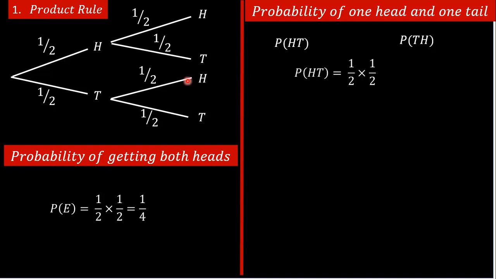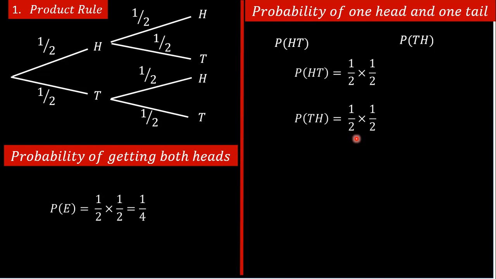Now we have to find the probability of getting a head and a tail, which is this branch of the tree, 1/2 probability of getting a head, 1/2 probability of getting a tail. So you have to multiply them along the branch. Now there is the second branch, which is getting a tail on the first coin and getting a head on the second coin, and you again have to multiply their probabilities because they are along the branch.